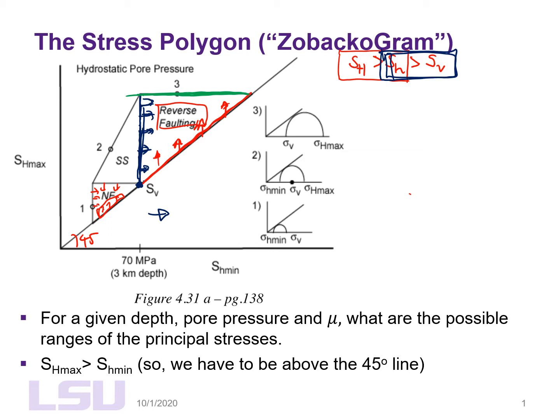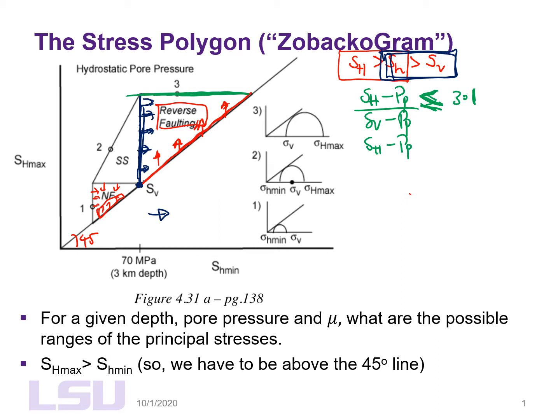Sigma 1 is SH max, of course, minus pore pressure, divided by sigma 3, which is SV minus pore pressure, right? That has to be less than or equal to 3.1. And let's quickly do that math.